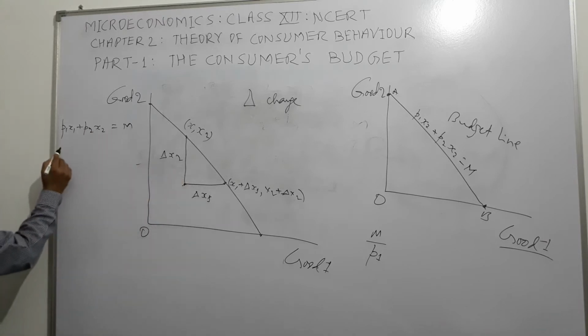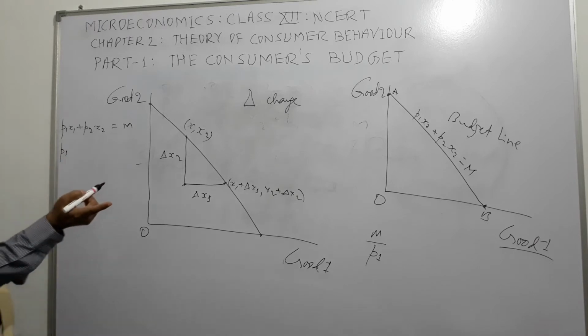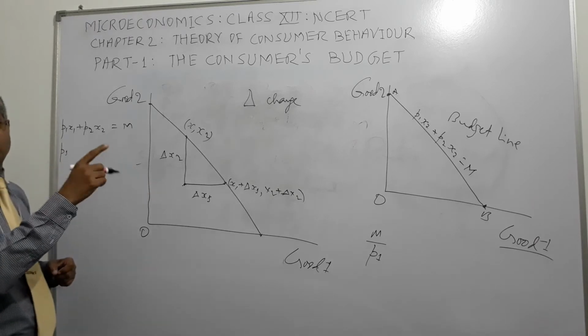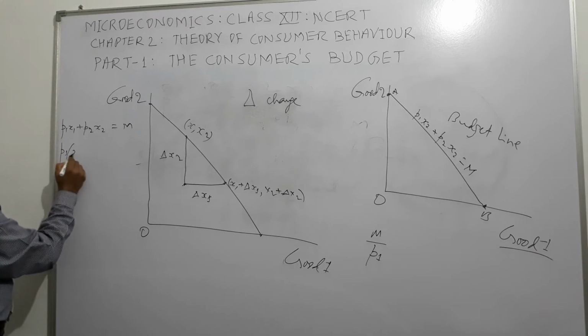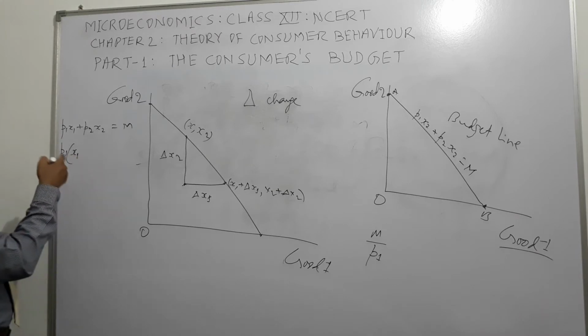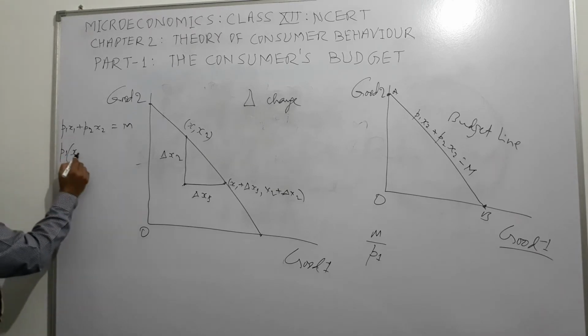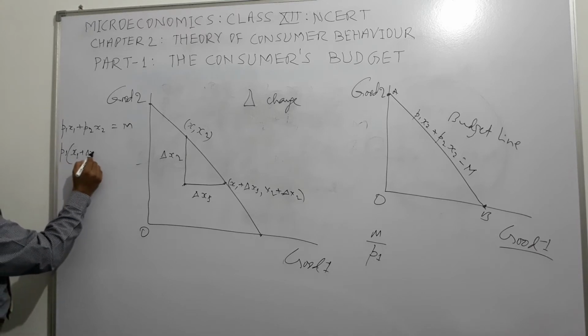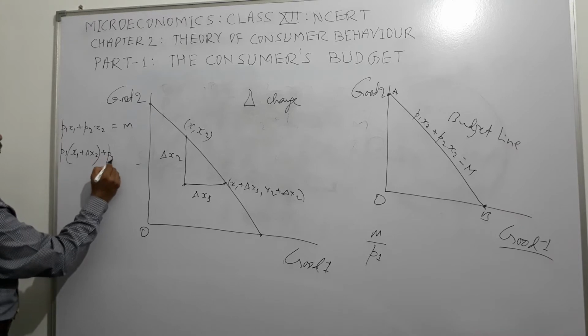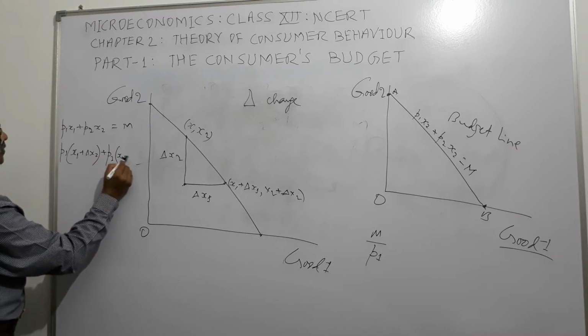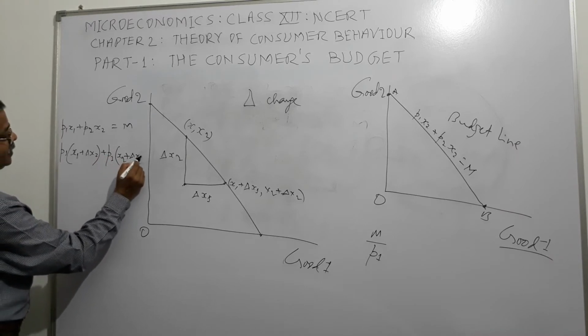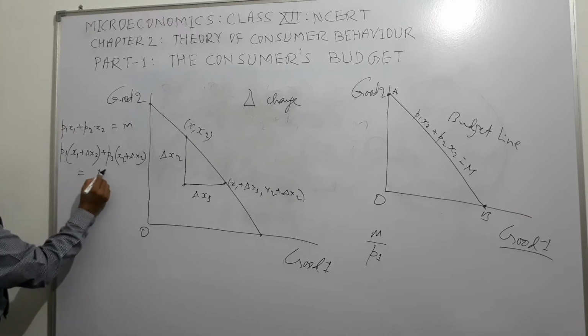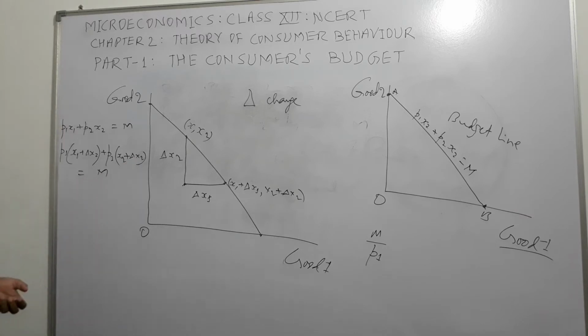So when you take this here, P1 times x1 plus delta x1, right, plus P2 times x2 plus delta x2 is equal to M, right?